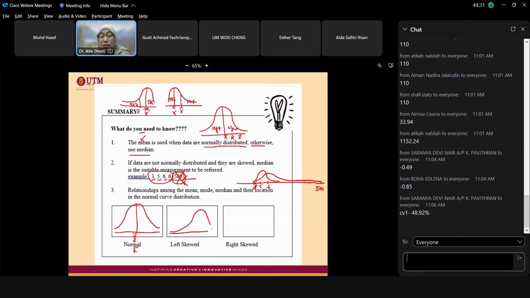By the way, this line right here cannot touch, it cannot touch each other. This one is the peak, so this is the mode, and the median and the mean will be here. For the right skewed, it will be like this. So this is the mode, the median, and the mean. That's the location of the measurements when it is normal and when it is skewed.